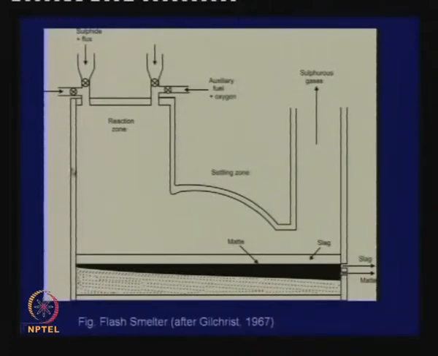Then we have talked about reactors where one combines roasting as well as smelting. So, initially we thought of flash roasting, now here is a flash smelter. After roasting, it is smelted also, and again we can directly produce matte and slag.